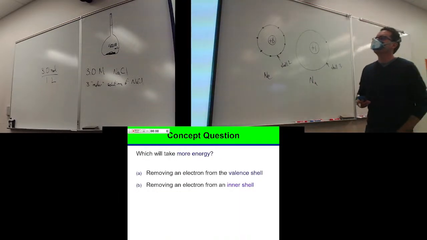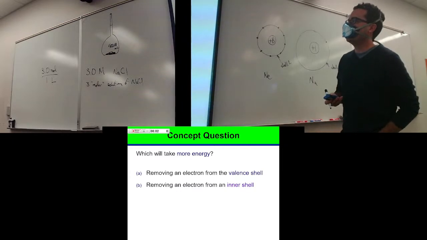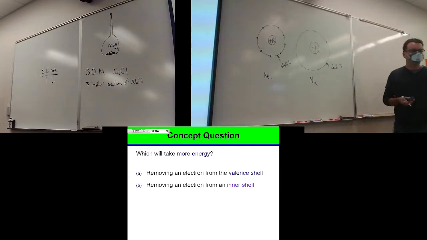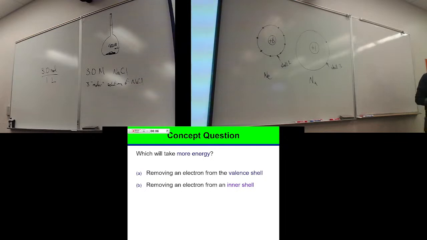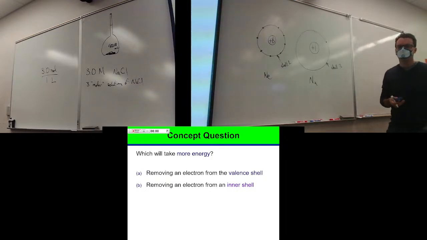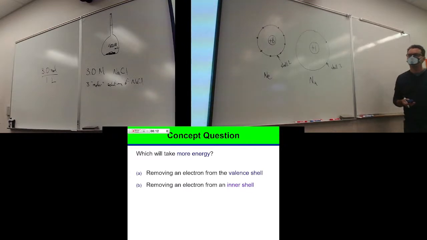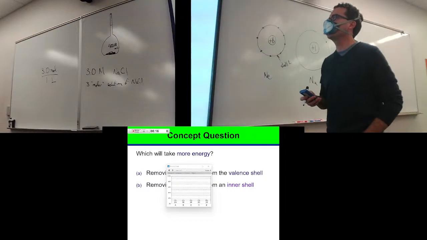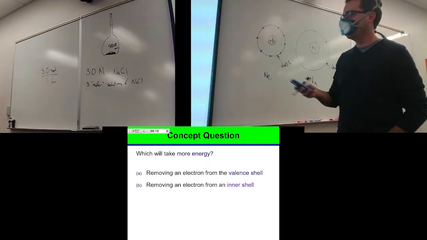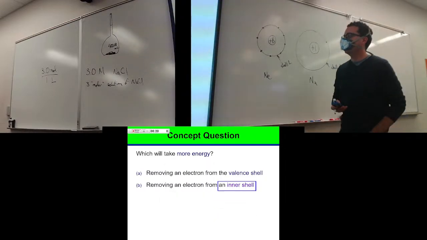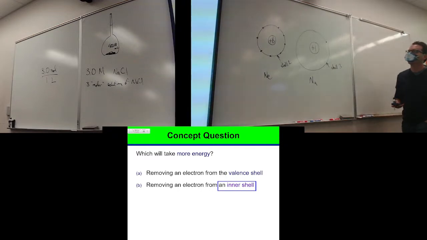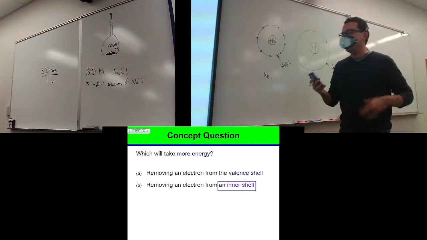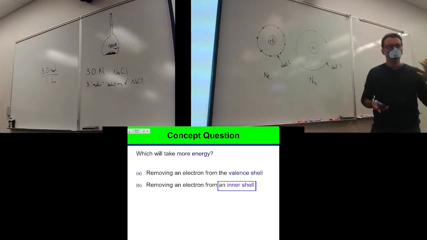So, what's going to take more energy? Removing an electron from a valence shell or removing an electron from an inner shell? Okay. Hopefully this is clear in everybody's head. Yes, perfect. I've not failed you yet. All right. So, an inner shell electron is a lot harder to remove.